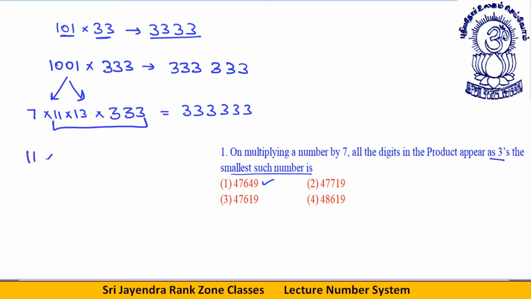Now if I need this other number, 11 into 13 into 333, it is very easy. How will I do it? First of all, I require 13 into 333.